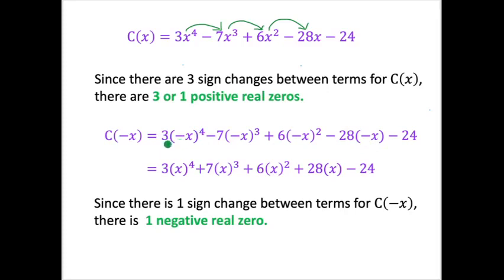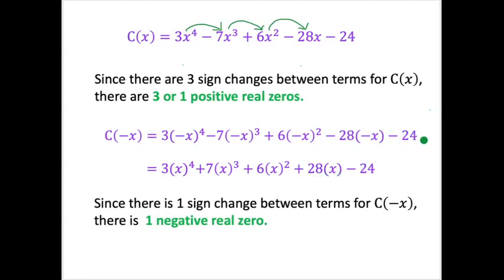So 3 times negative x to the fourth is just the same as 3x to the fourth. Here I have negative x cubed. Since it's an odd power, it's going to stay negative. Well, I have a negative here and I have a negative. Negative times negative makes positive. So this is positive 7x cubed. And then this negative x squared, since it's an even power, is going to become positive. And so I have plus 6x squared. And then I have a negative x here times negative 28. Negative times negative makes positive. And then we don't change this negative 24. There's no x with it to run the negative through.